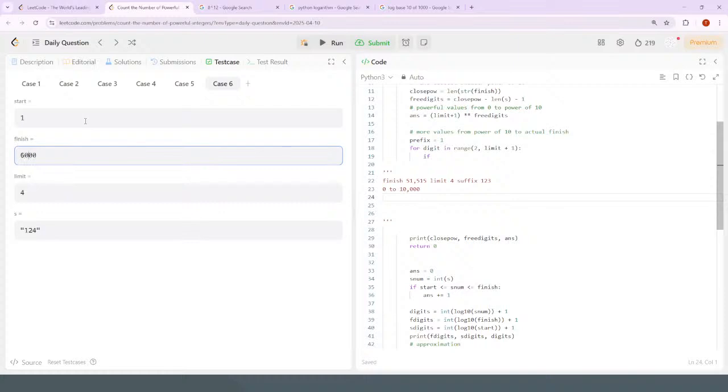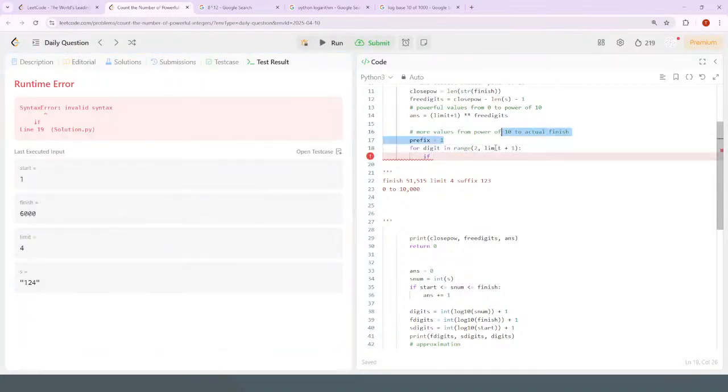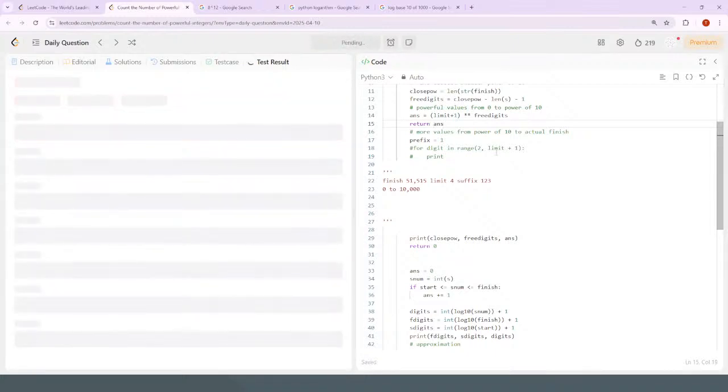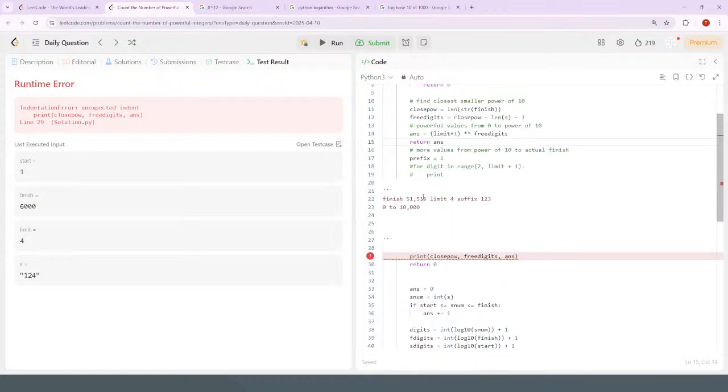So 1 2 5 1 5 1 5. The limit is for numbers 123. Oh, it's gonna crash. Return the answer.